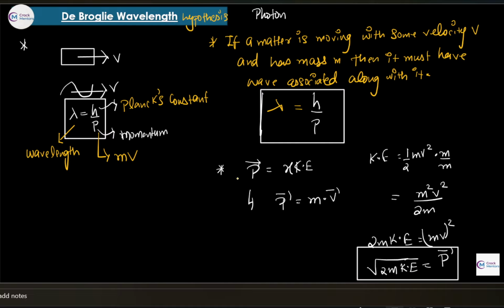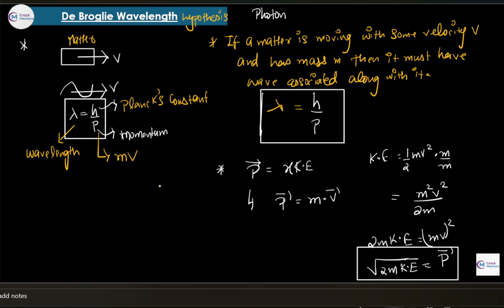Now let me explain what the de Broglie hypothesis is, not wavelength, the de Broglie hypothesis. De Broglie stated that if we have any kind of matter, which can be called a body, and it is moving with some velocity v, then along with that matter there is a wave associated with it, which is also moving with some velocity v.